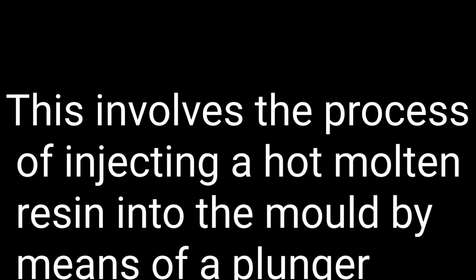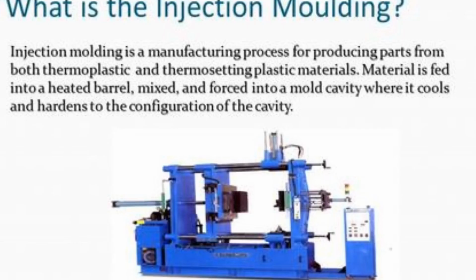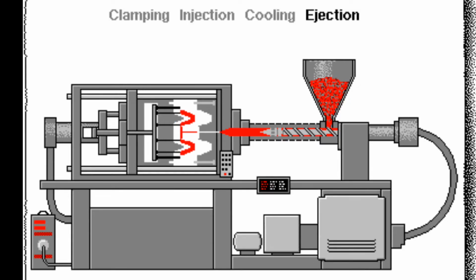Injection molding. This involves the process of injecting a hot molten resin into the mold by means of a plunger. The plastic is formed as it is forced into the mold and stays there until it is completely cool.